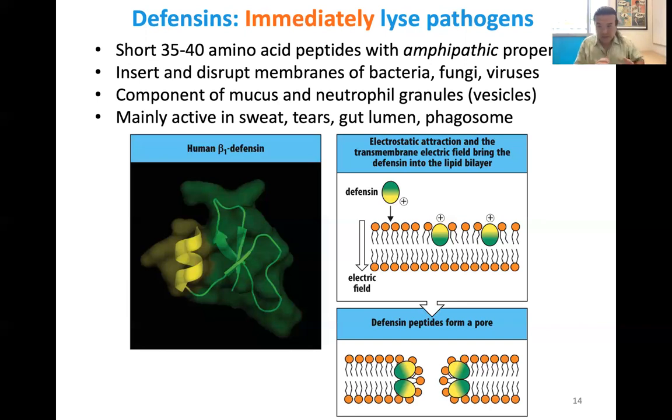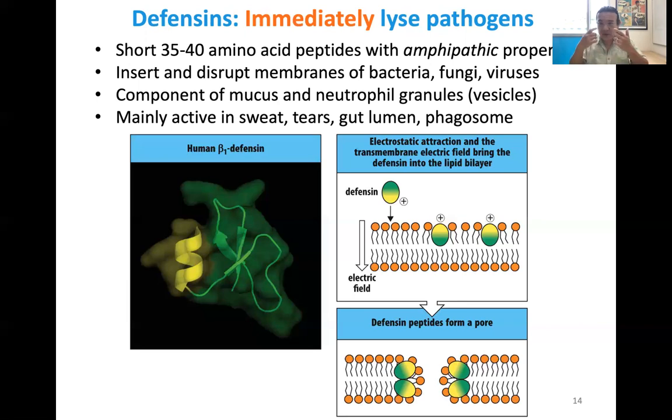So as a result, we evolved that this particular type of mechanism of defensins involve proteins that are only expressed or secreted in things like our sweat or tears or into the lumen of our gut, right? Or inside of macrophages, the phagosome vesicles. In other words, our immune system is very careful about where these defensin molecules are made, and they tend to be made in places that we don't worry so much about our body's cells being exposed to them.